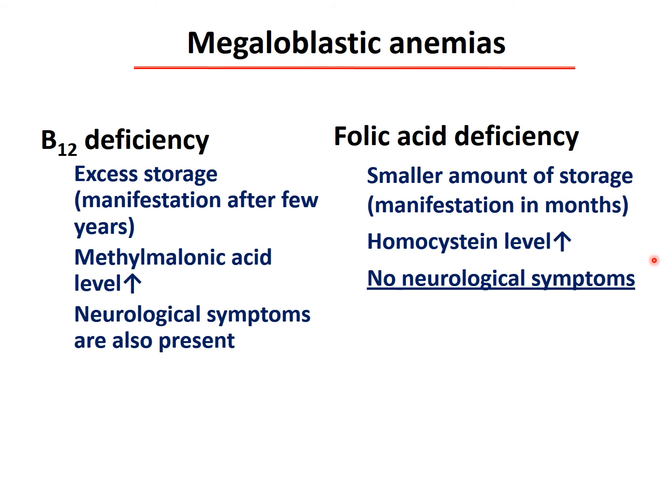If you want to measure the stored folate, you should measure it in the whole blood or in the red blood cells. These are two different methods that you have to use. Now, at the cellular level, whether it is acting or not, homocysteine should be measured in folate deficiency.